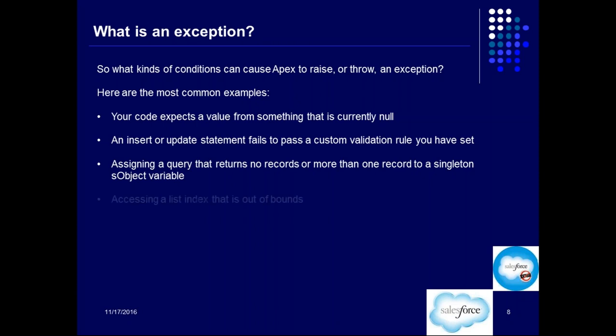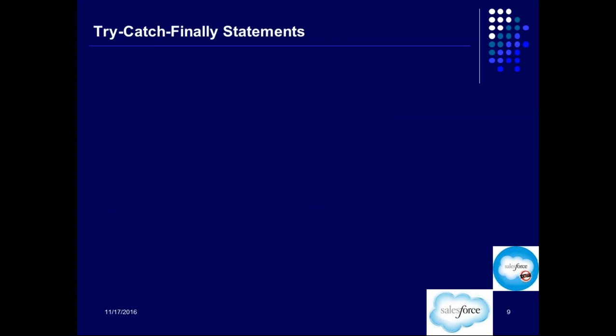Okay, so this can be one situation. Accessing a list index that is out of bounds. You're trying to access a value in the list which does not exist. In the list we know that every value has an index number, right? So I'm trying to access the 10th value in a list, and the list has only 5 values. Obviously it's not going to be able to fetch the 10th value. All right, so these are the common reasons for exception.